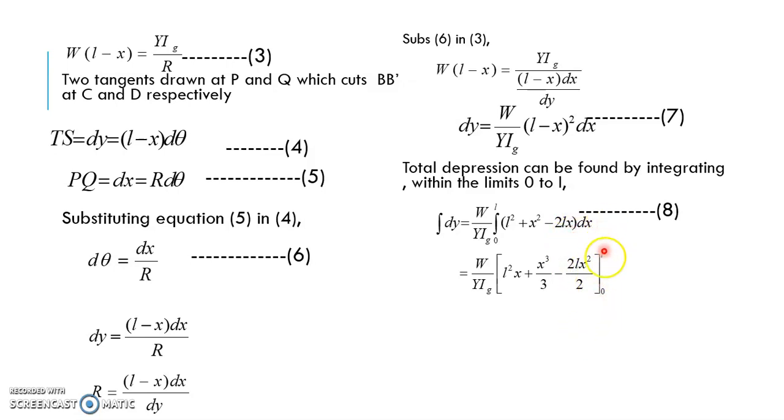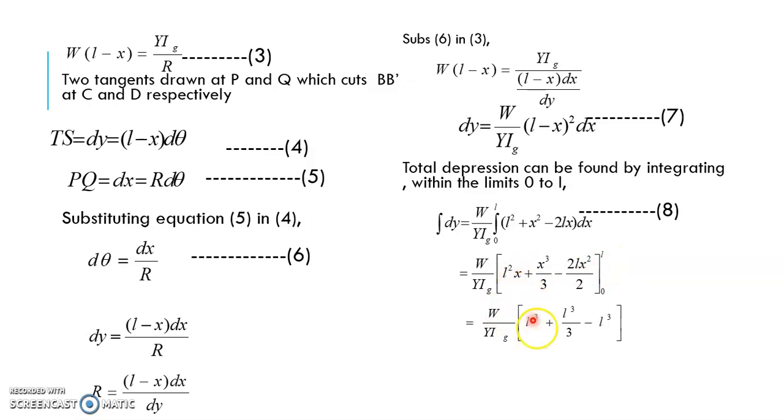Therefore, you get L square x, plus x cube by 3, minus 2L into x square by 2, putting the limits 0 to L. Substitute the limits now. Therefore, y is equal to W by YIG, substituting L in the place of x.